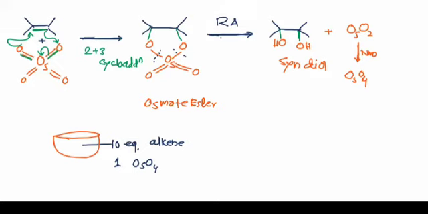Here I am using NMO, suppose 10 equivalents, so that each reactant is going to oxidize. This OsO2 is further oxidized to OsO4, and the reaction continues, giving the diol as a major product. That's why, since OsO4 is a costly reagent, we must regenerate OsO4 from OsO2.